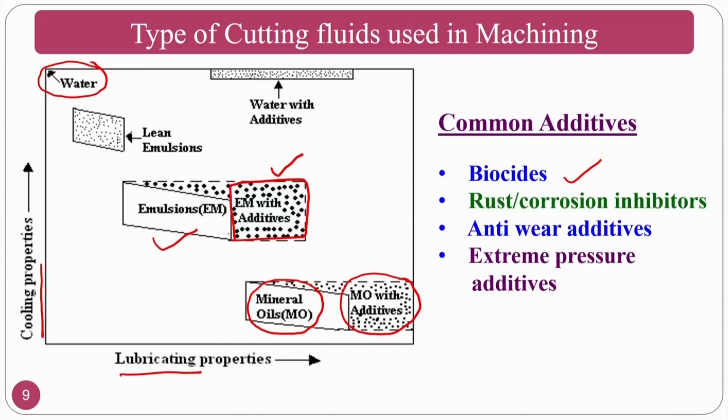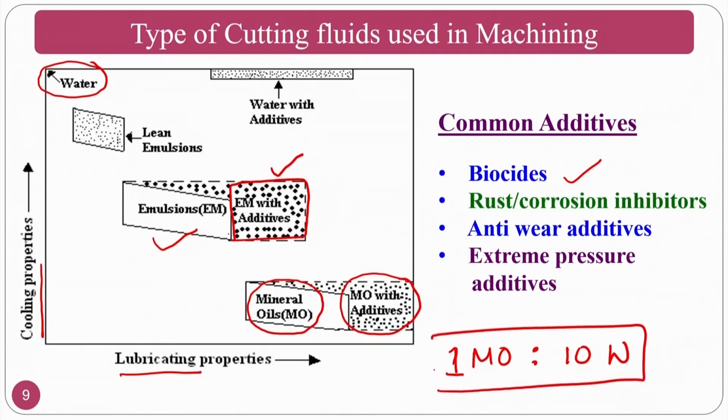Normally, cutting fluids are made up of 1 liter of mineral oil to 10 liters of water. So, water is the dominating fluid. If you keep this water for months, what will happen? Fungus, and you are keeping it at a static level. For that purpose, this may be attacked by bacteria, fungus and other things.